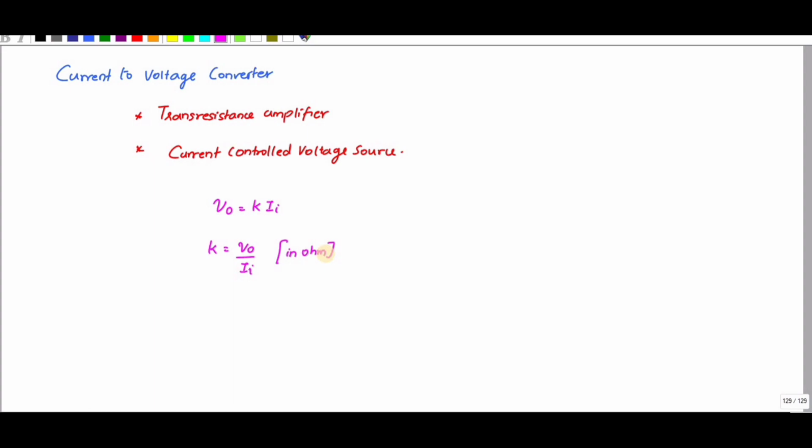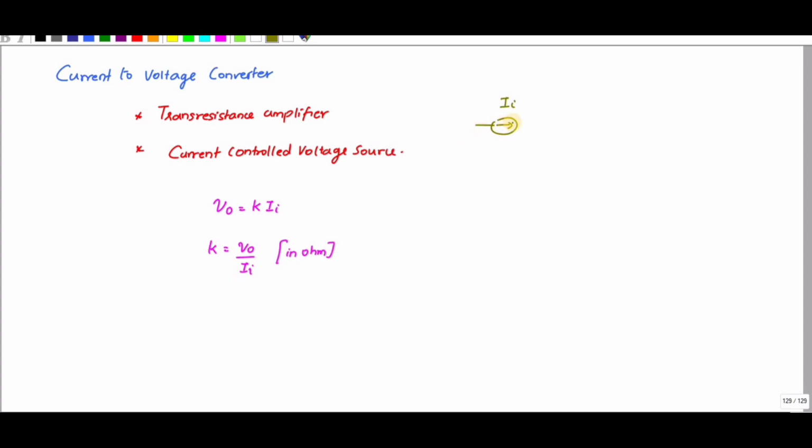We will obtain the output V0 equal to minus I into R, that is I into K. The minus sign is based on the direction of the current source which we are connecting.